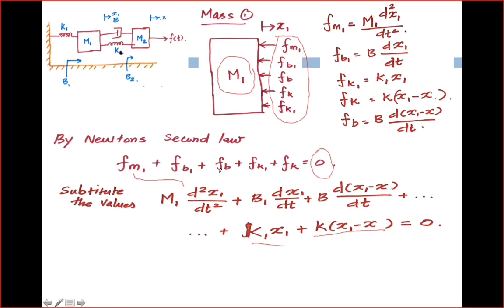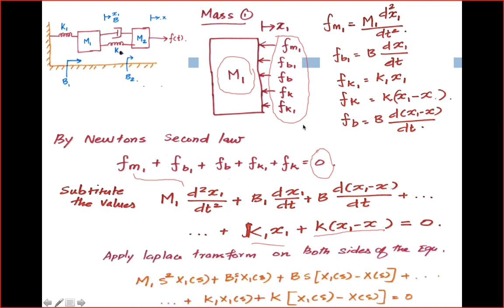So I simply substituted the value of all these forces acting on the mass element m1. You will get this equation. These equations are available here, at the top of the slide.